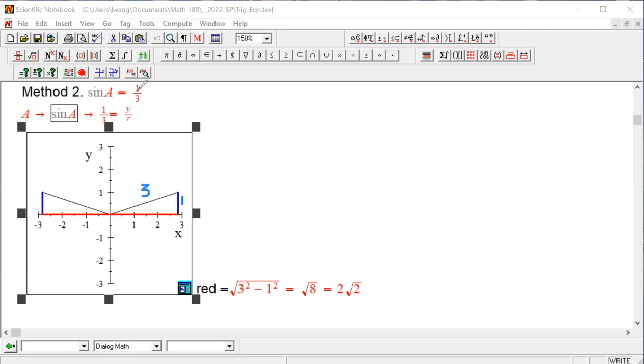1 over 3. You see, 1 over 3. And the blue and the red are just a bonus, we can get them from the Pythagorean theorem. And the red is 2 times root 2, which is root 8, and this other red is negative 2 root 2.